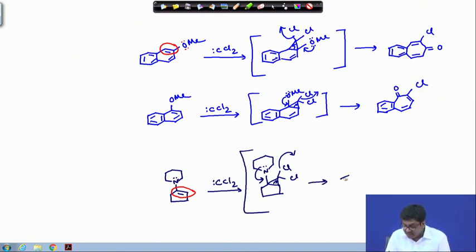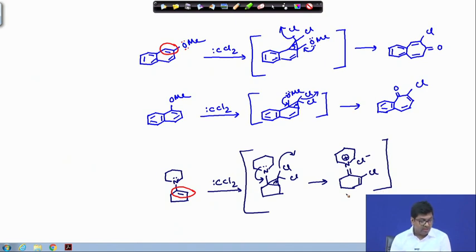You will get the ring expansion. Now, after this the hydrolysis will give you the cyclohexenone type of derivative. So, you started with the 5 member ring, and now you obtained this 6 member cyclohexenone derivative just by using dichlorocarbene.